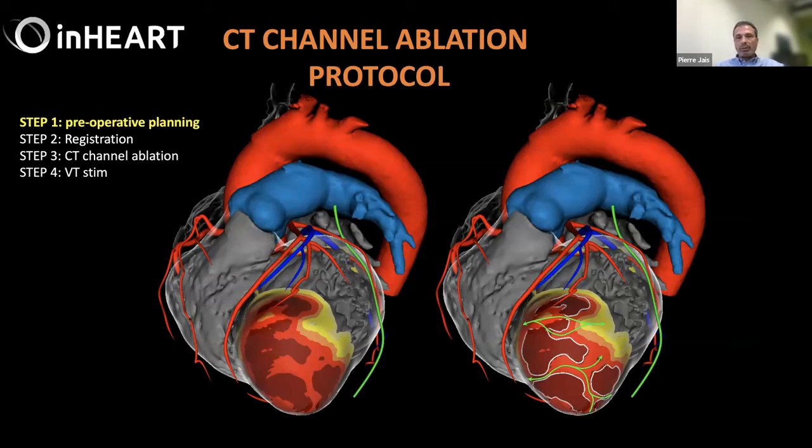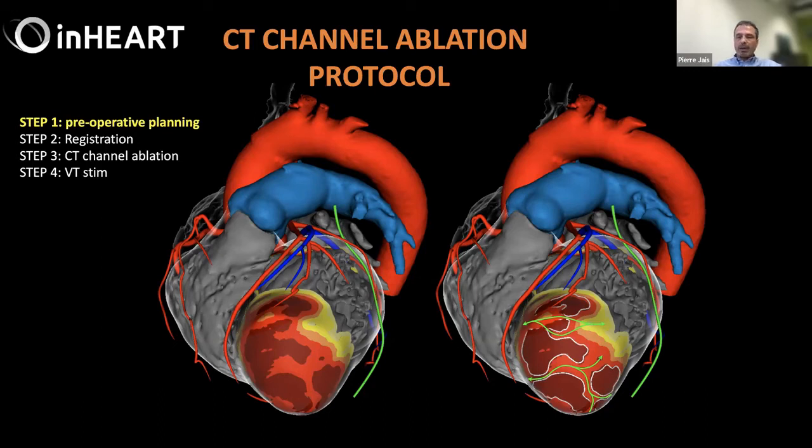And so here, what we ended up doing in Bordeaux is that we have our color-coded map for wall thickness. Again, the dark red that is contoured in white here is the most dense part of the scar, because the wall thickness here is 1 millimeter. And then it goes all the way up to the bright yellow that is 5 millimeters.